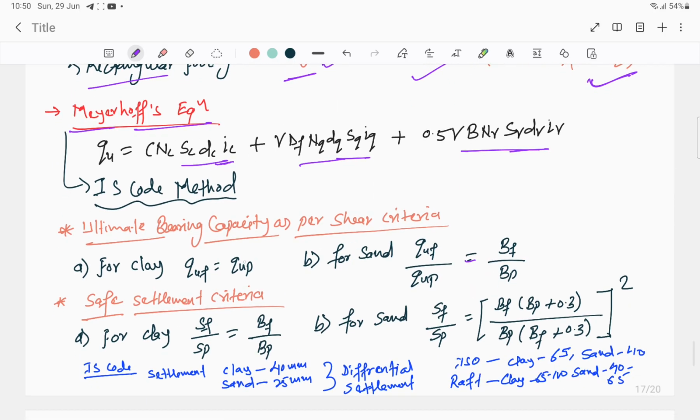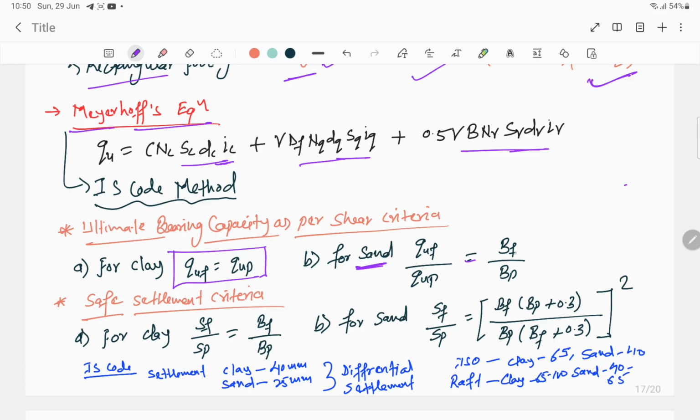Next one is ultimate bearing capacity as per shear criteria. As you know, a foundation is designed by either shear criteria or by settlement criteria. Okay, so based on shear criteria, for clay soil, QUF is QUP. So failure strength is equal to the ultimate strength. But in case of sand, the failure strength, that is QUF to QUP ratio, is equal to BF upon BP.